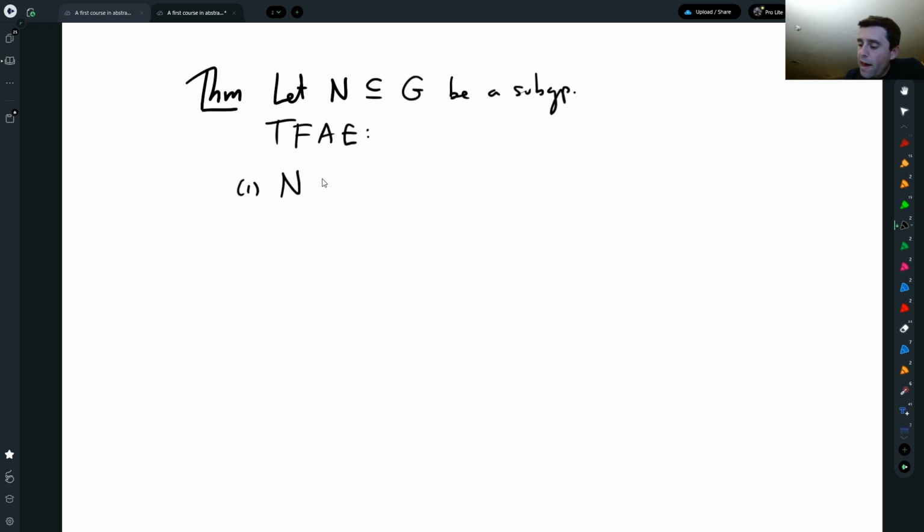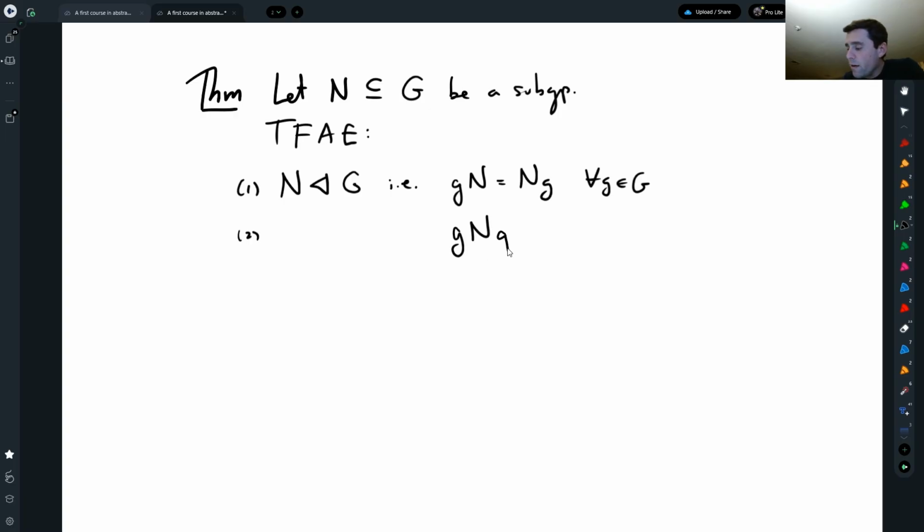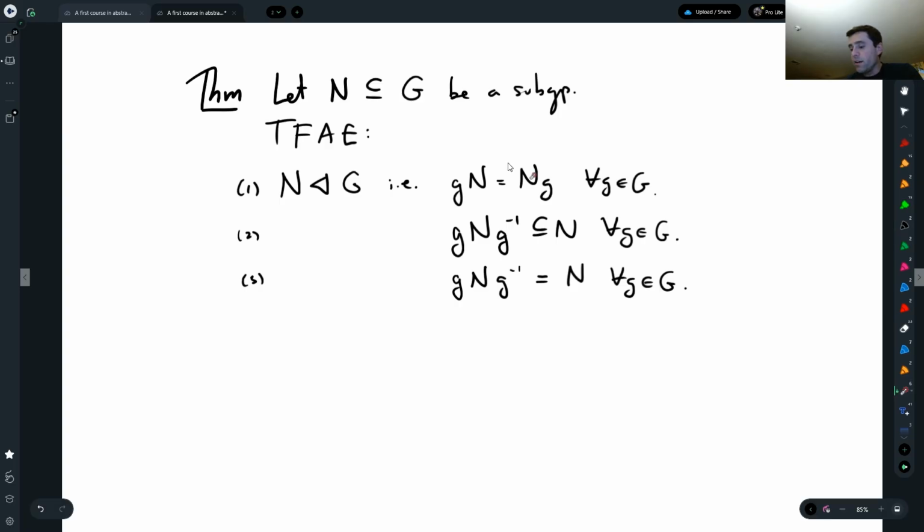One, N is normal in G, i.e., gN is the same as Ng for all g in G. Two, gNg inverse is contained in N for all g in G. And three, gNg inverse is equal to N for all g in G. And this is the definition.